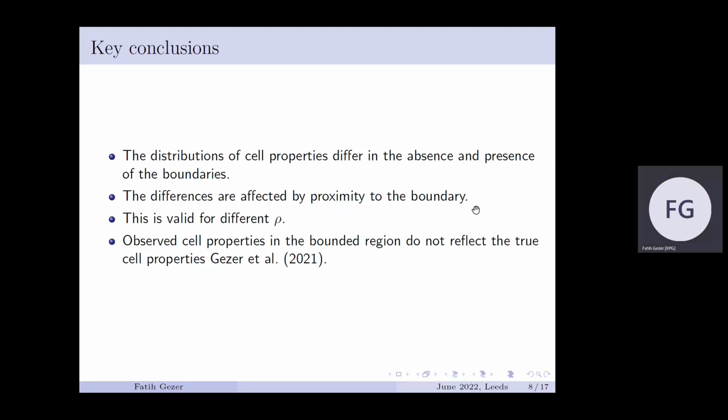And the key conclusion from this study is that the observed cell properties, when there are boundaries, do not reflect the true cell properties. And this work is published in our 2021 paper. If you are interested in the details, you may have a look at it.